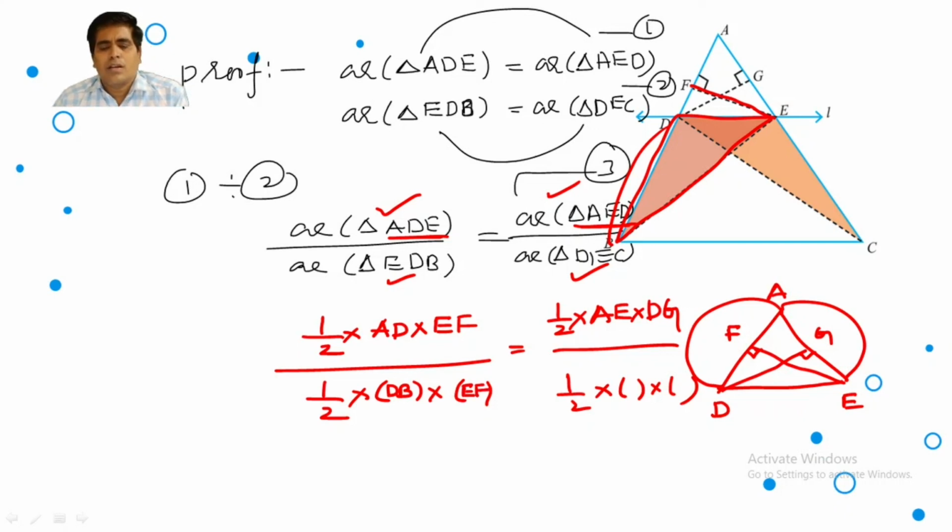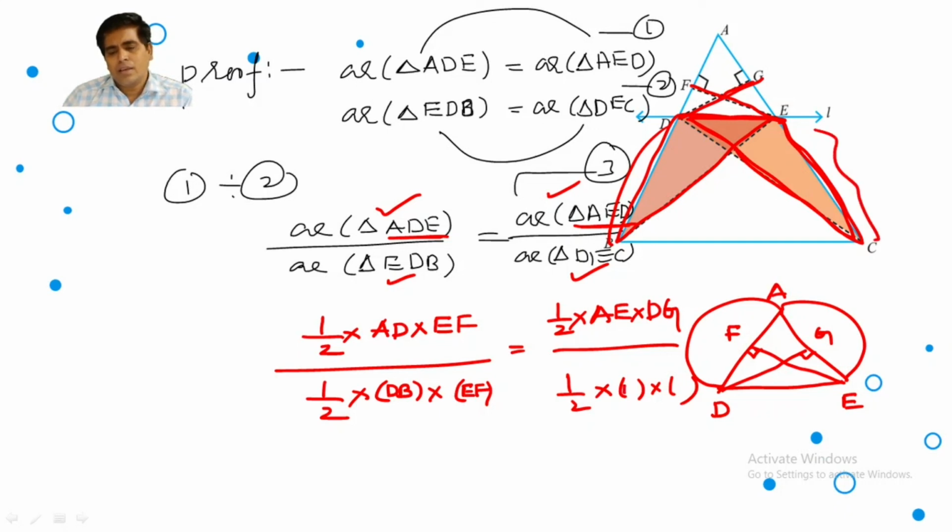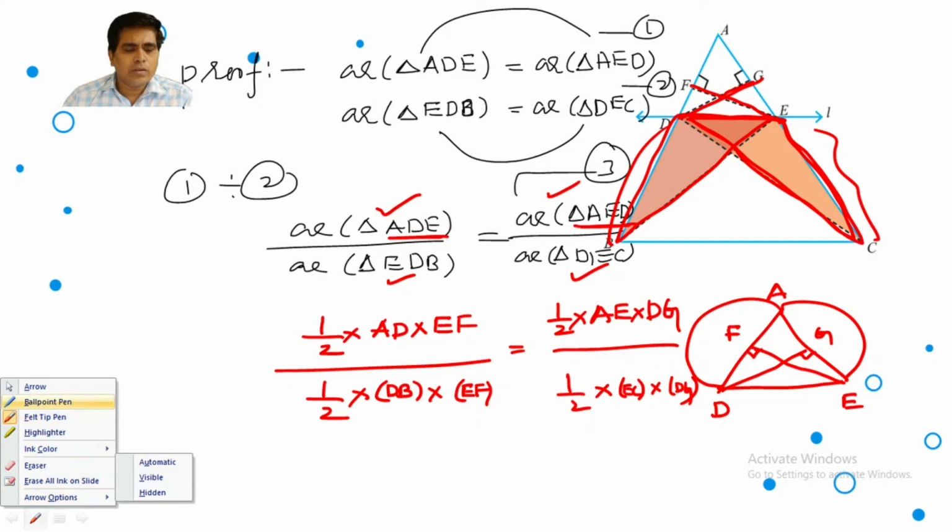Next, the right side denominator. Triangle DEC, this is triangle DEC. For this triangle, what is the altitude here? DZ is the altitude. I am taking the base as EC, EC as the base and the altitude is DZ. So clearly this ratio is equal to this ratio.